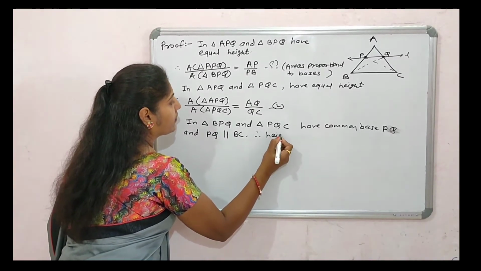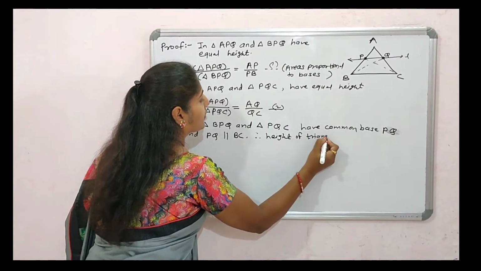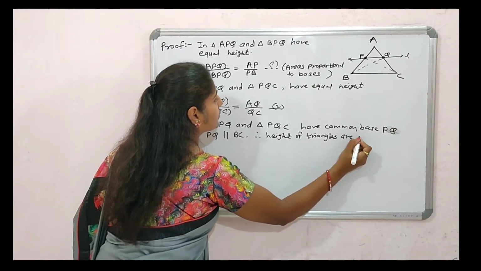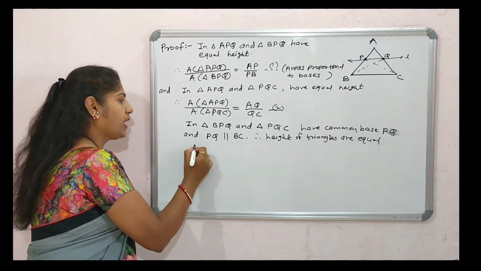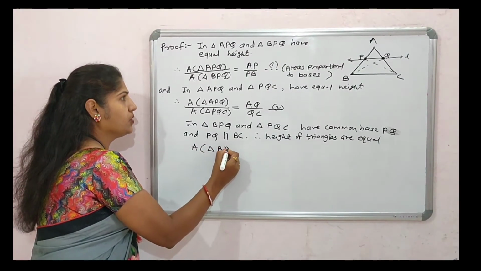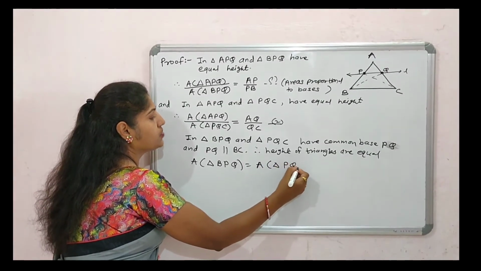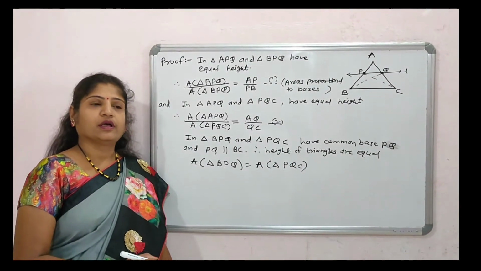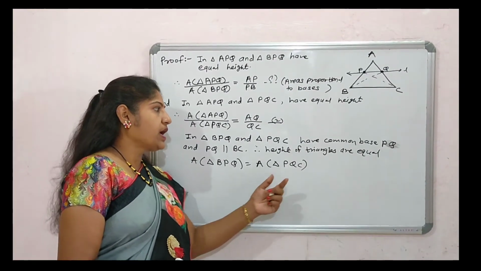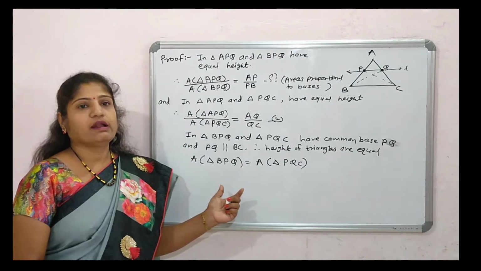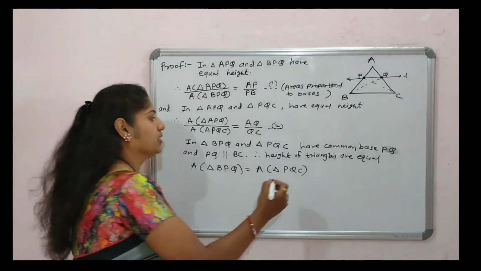So the heights of the triangles are equal. Area of triangle BPQ equals area of triangle PQC, because they have a common base PQ and equal height. So these two areas are equal.